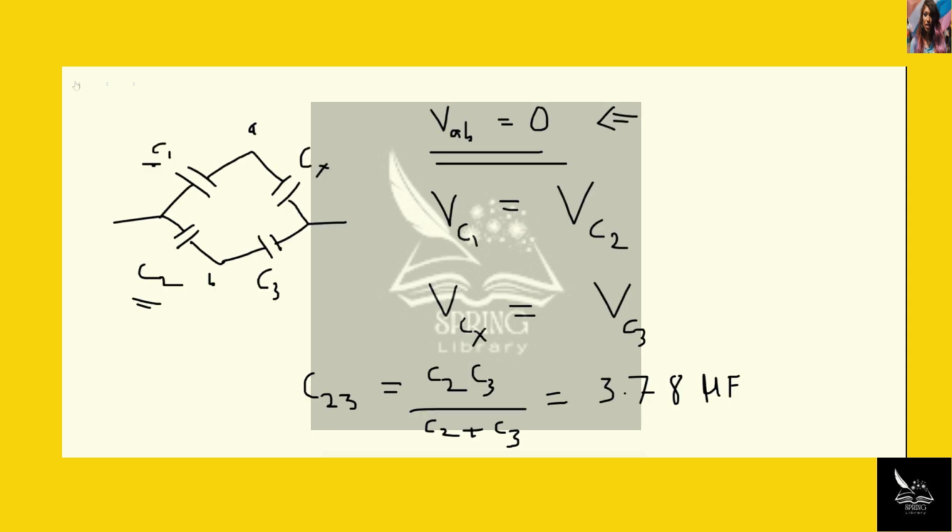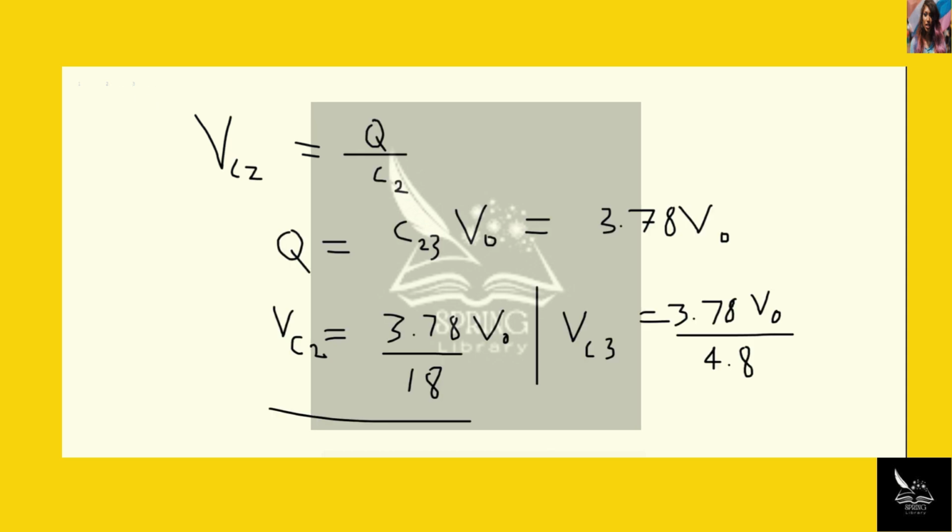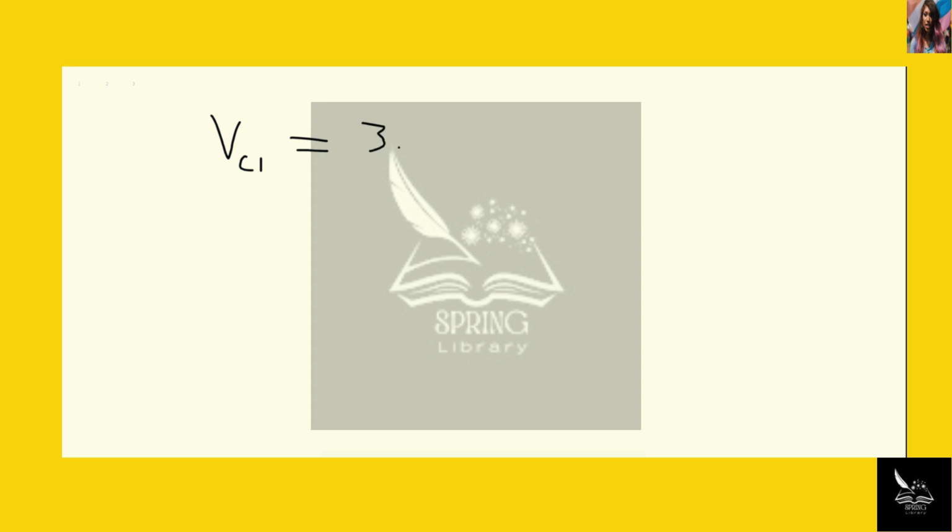Now, as before, here you can see VC1 is equal to VC2. VC1 then equals the value of VC2, which is 3.78 V0 divided by 18. Now, what's the value of VC1? That can be given by charge deposited on C1 divided by value of C1.